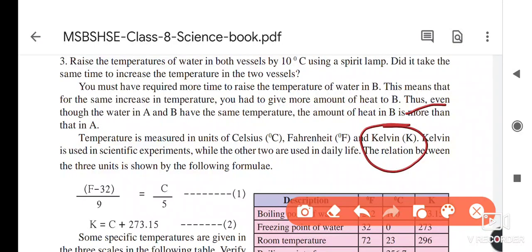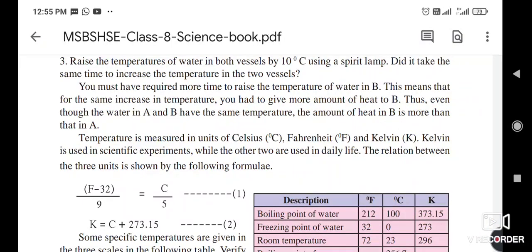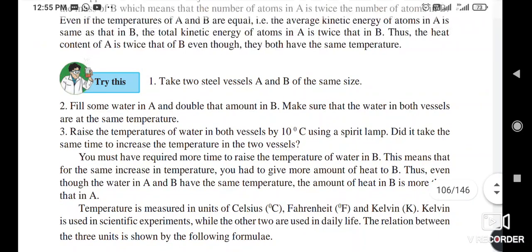Okay, so for the experiment, we will require more time to raise the temperature of water in a beaker.